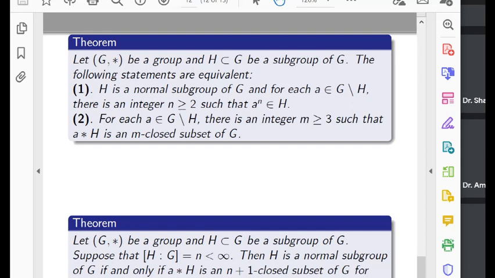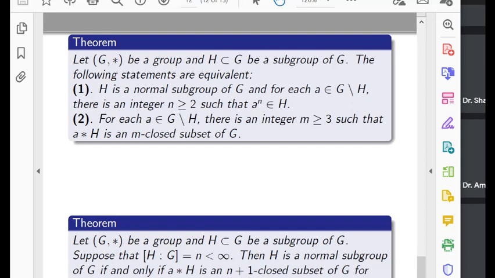And why did I do that? Maybe some student can investigate more about these n closed sets, because usually whenever we study rings, we always look at things in terms of two closed. What about n closed?